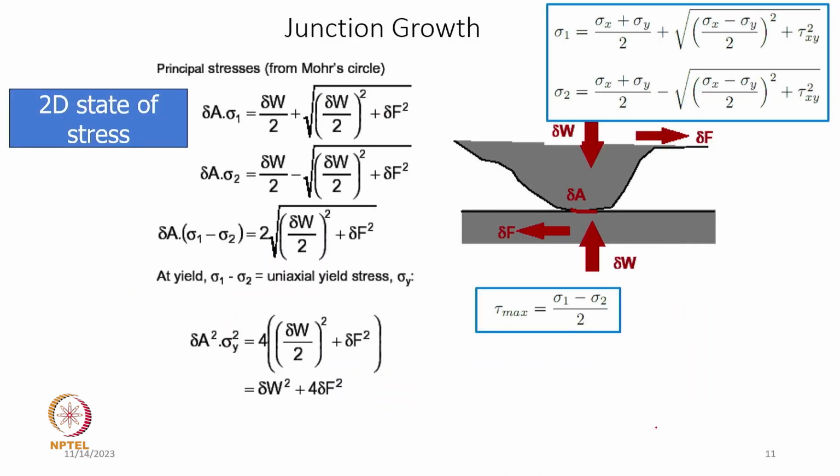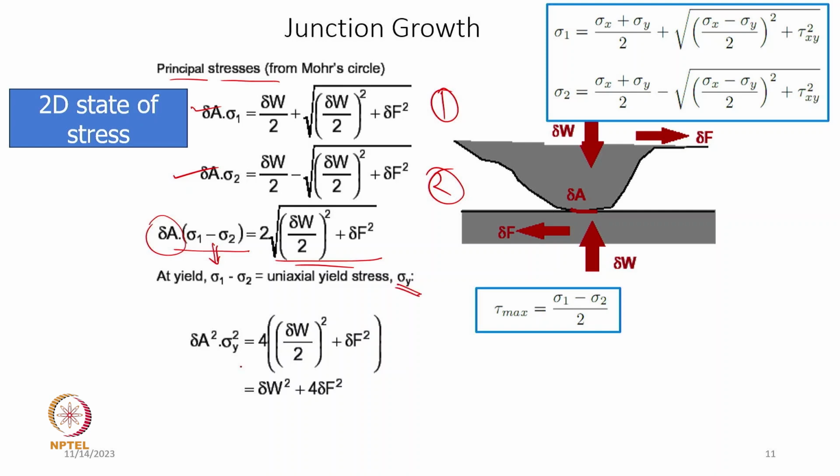As I said, principal stress theory or Mohr theory can be utilized for this case, and we have expressed the relation. Now we subtract equation 2 from equation 1. What we get is sigma 1 minus sigma 2 into the delta area into this relation. And we know that this difference in stresses can be equal to the yield strength.